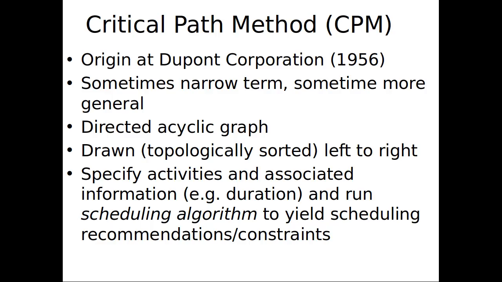And then we're going to run a scheduling algorithm, which you folks will be responsible for. You're going to learn about it today. It's a very simple O(N) algorithm to give scheduling recommendations for each of these nodes on this directed acyclic graph.